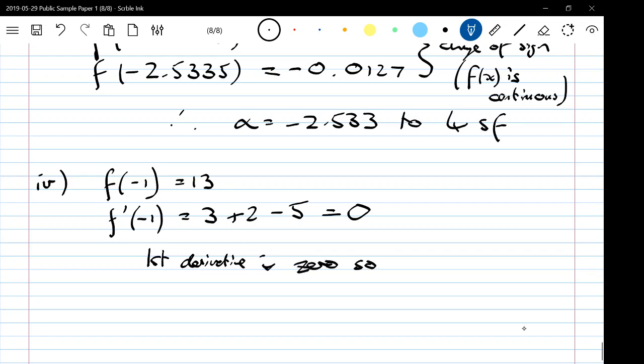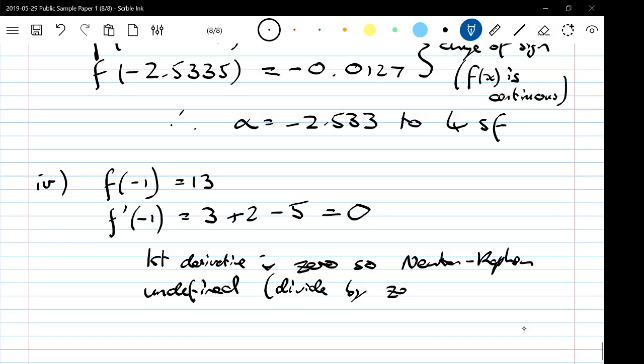So Newton-Raphson would be undefined, because we're dividing by 0. And of course Newton-Raphson follows the tangent, and the tangent doesn't meet the x-axis. And there we go. And that's maths.